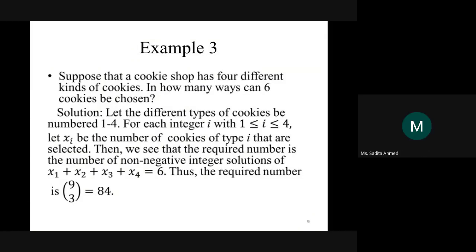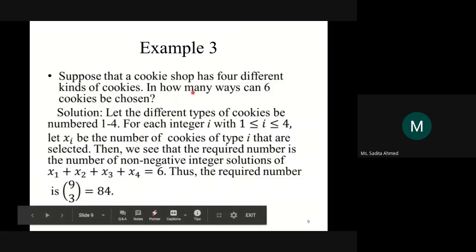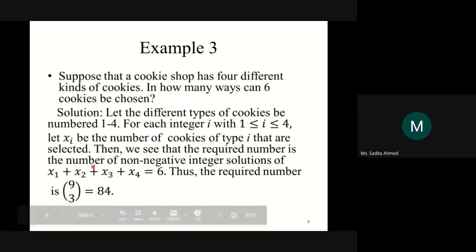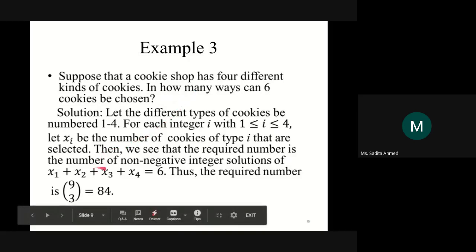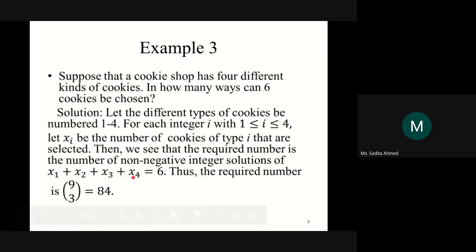Okay. In that case, counting the total number of ways to choose 6 cookies is basically counting all possible non-negative integer solutions to this problem, right? All of the x's obviously will be non-negative. The lowest value you can have is 0. That is, you didn't choose any cookie under a certain category. Let's say x4 is equal to 0. You didn't choose any cookies of the fourth type. That is the lowest value. It can never be negative.